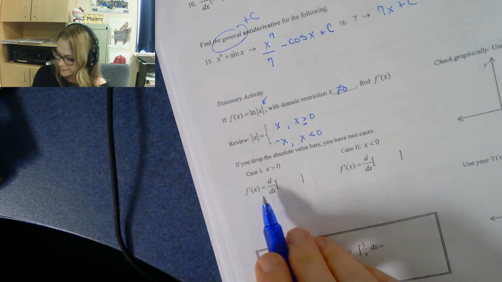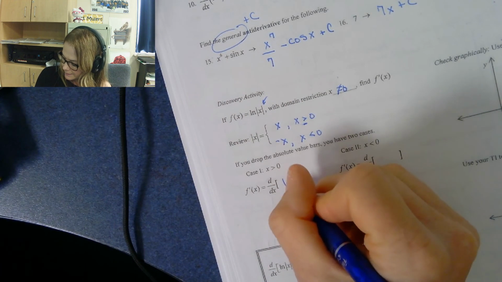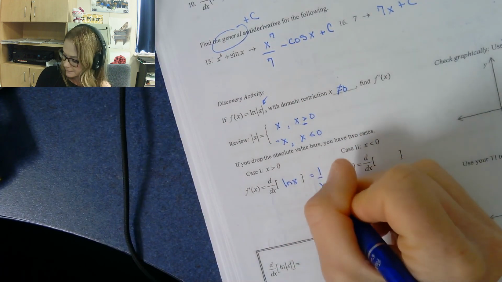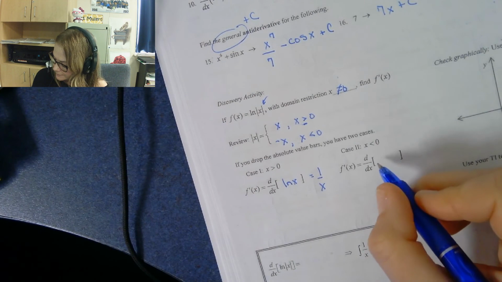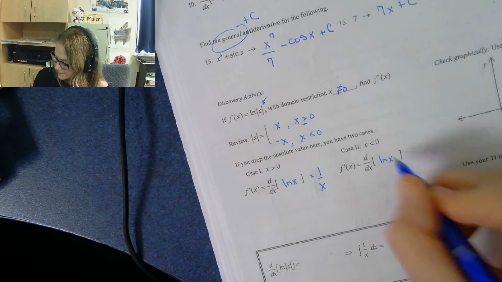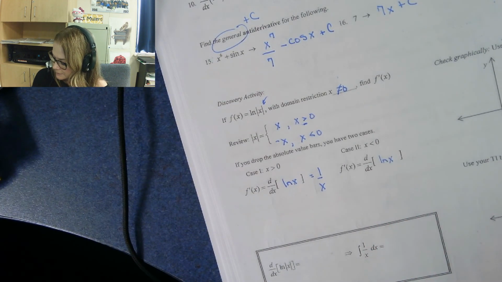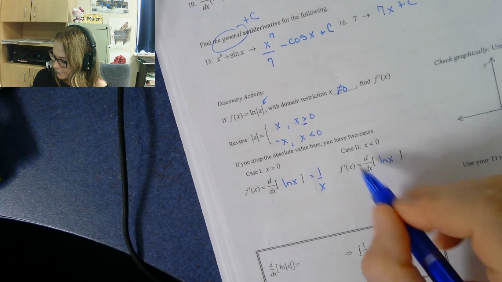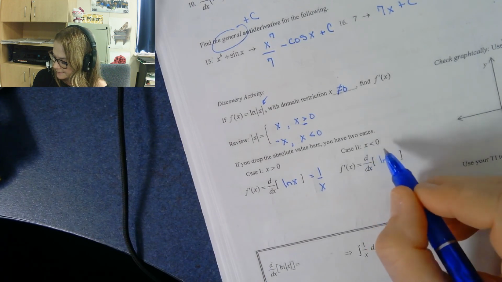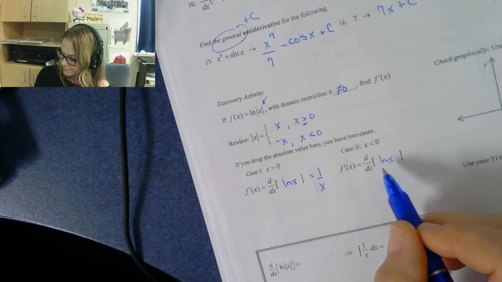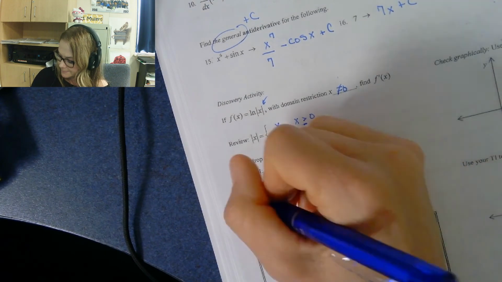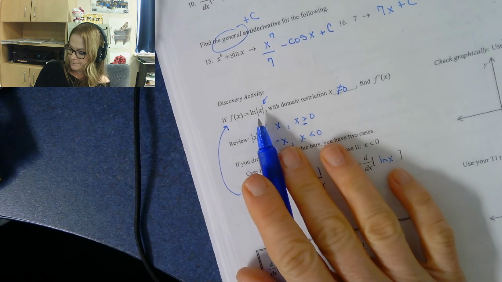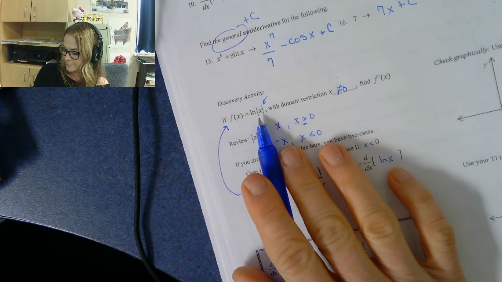So if I'm doing the derivative of the ln of x, I'm getting 1 over x. And for the derivative of ln of negative x, we know that x is less than 0 here, and we can't have that just as is, but this is coming from this particular situation with absolute value built into the original function.